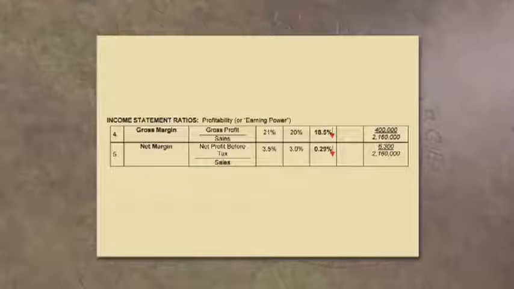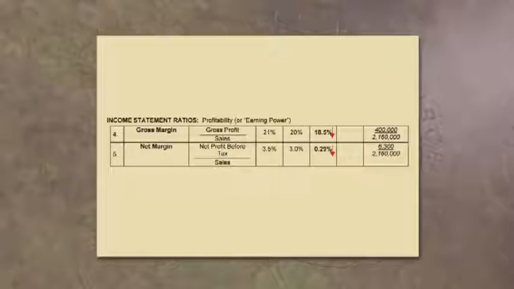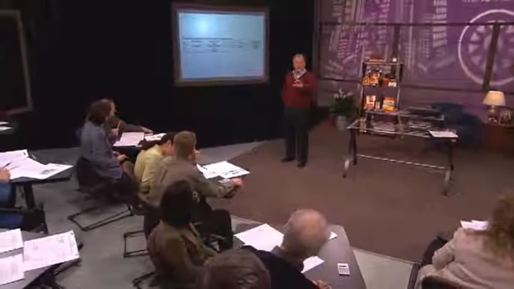Net margin, trend what? Went down and then went what? Way down, rolled off the table. 0.29%. Put that in words. For every dollar of sales, he's making how much before tax? 29 cents, right?